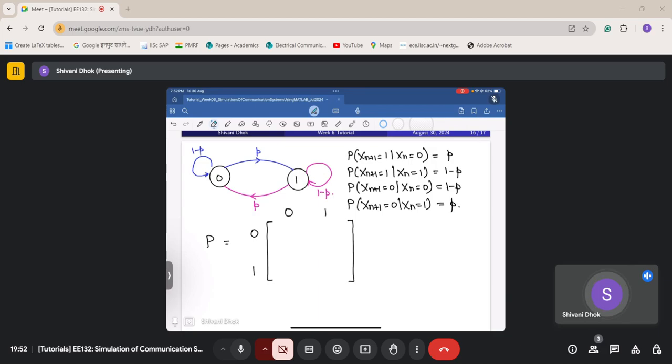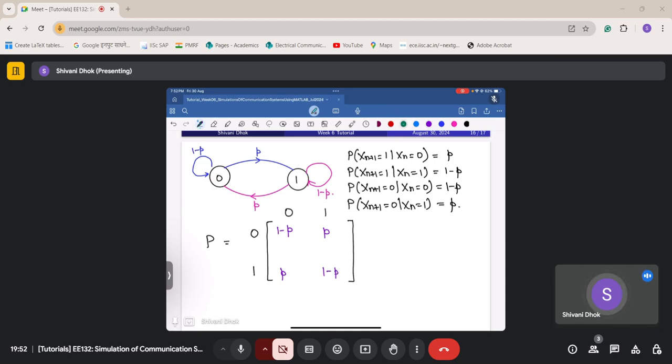You go to state 0 when you were initially at 0 with probability 1 minus p. You go to state 1 when you were initially at state 0 with probability p. You go to state 0 when you were initially at state 1 with probability p, and you remain at state 1 with probability 1 minus p.